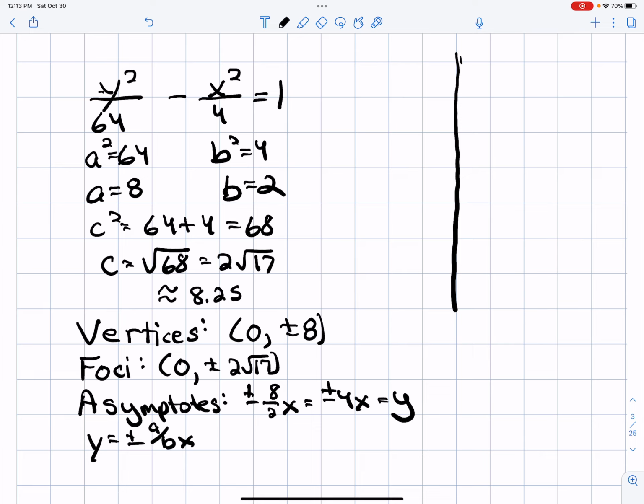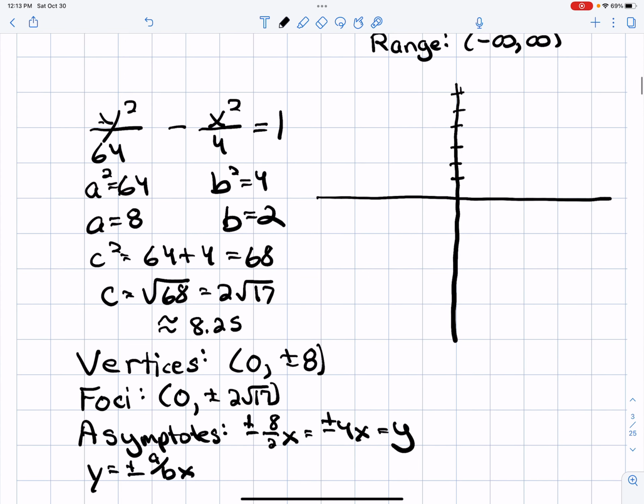All right. So let's do this. You know what, let me shift this graph down a bit. Sorry about that.